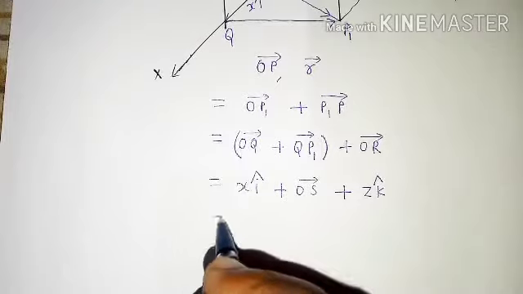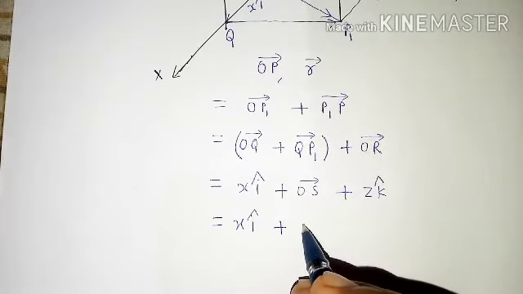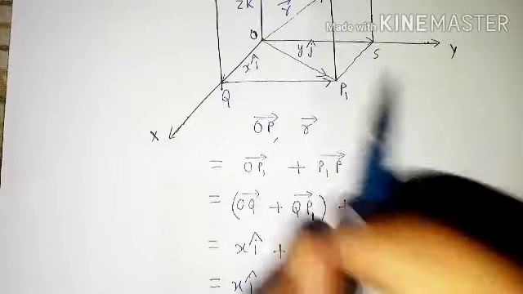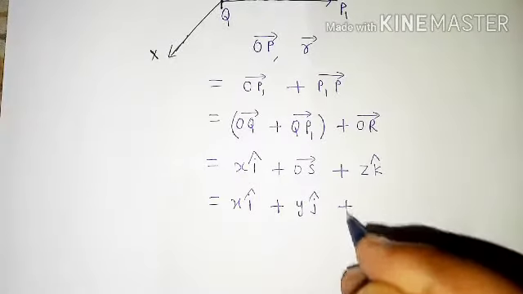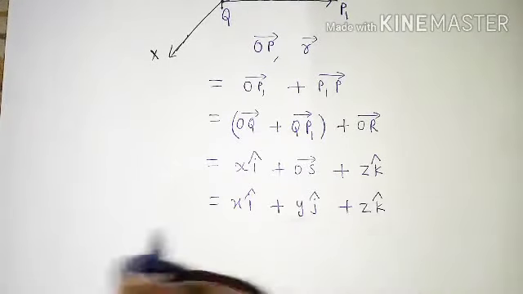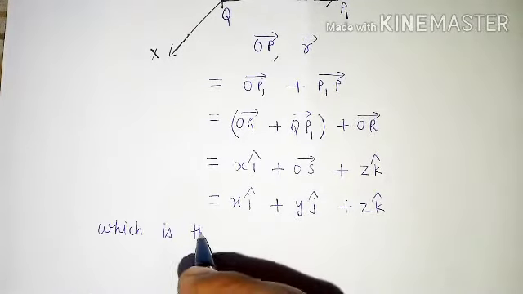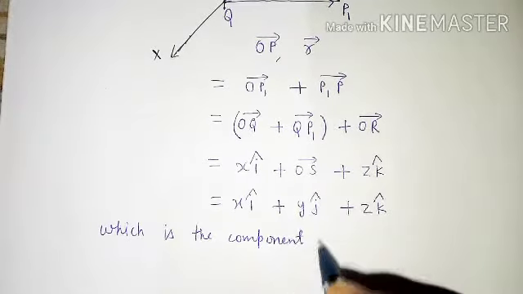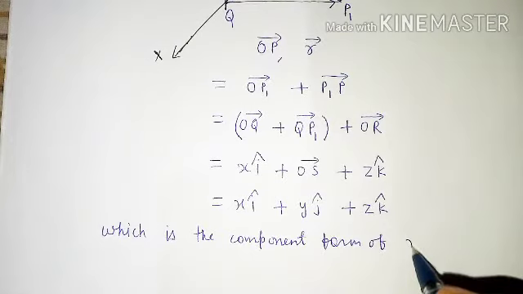So this is equal to x i cap plus y j cap plus z k cap, which is the component form of vector r.